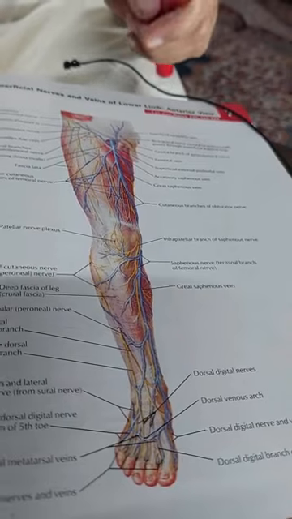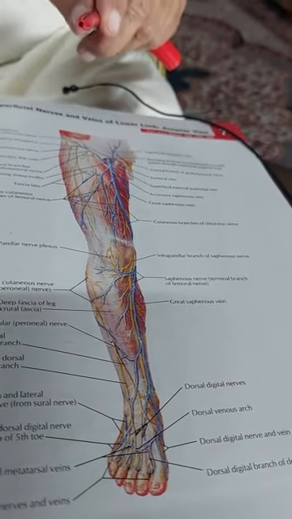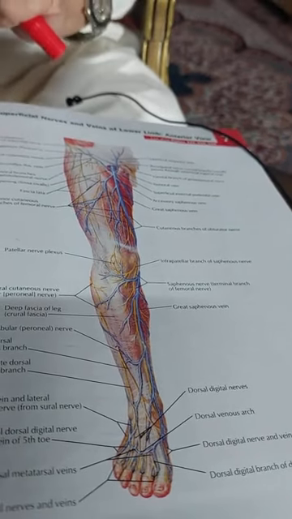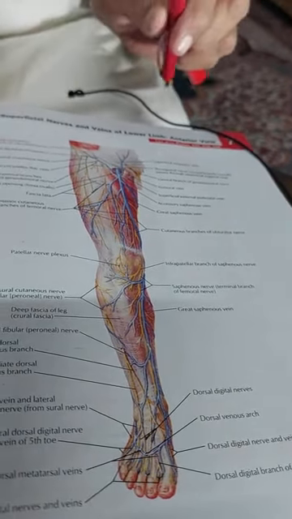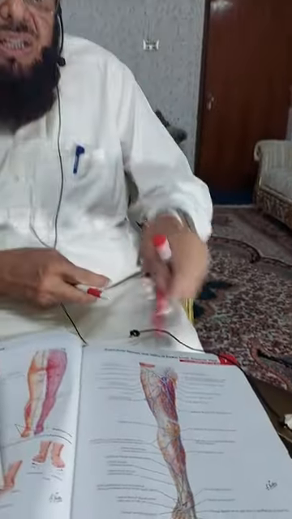Now, this great saphenous, long saphenous vein has many valves, somewhat 10 to 20 valves present in the great saphenous vein. And these valves, as you already know, are unidirectional.